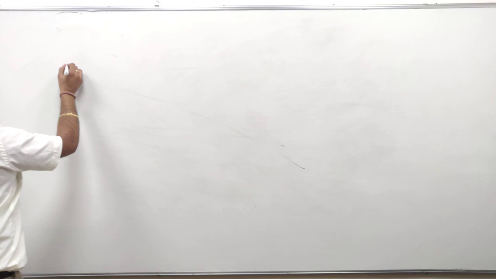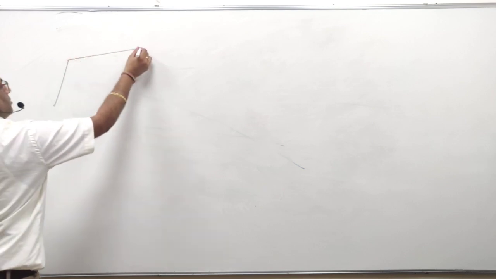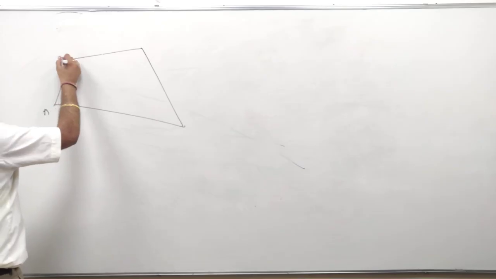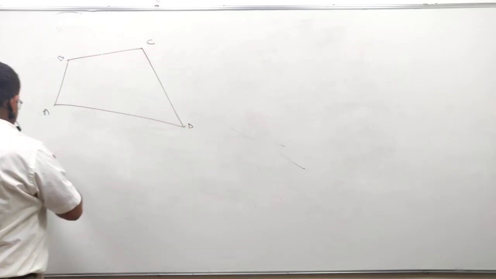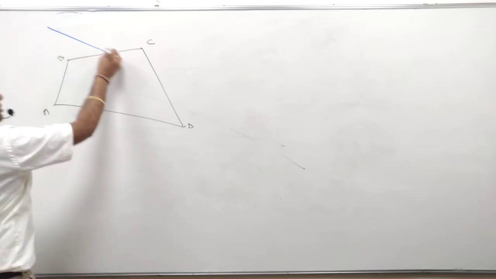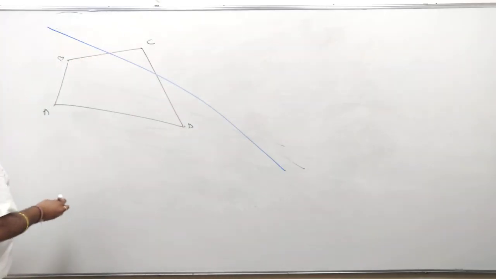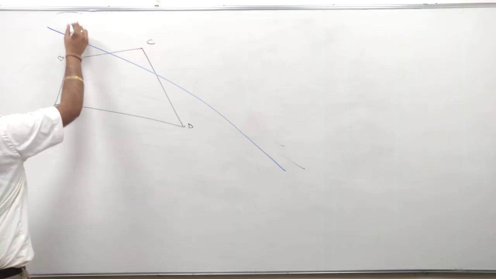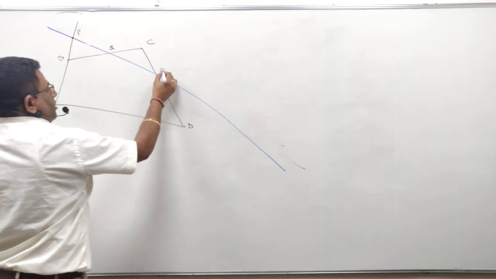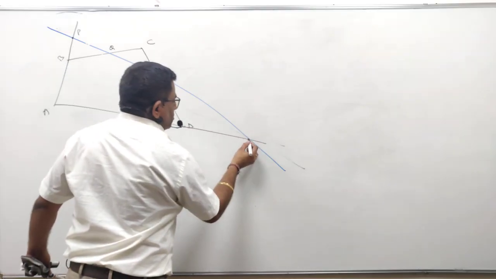If you are having any quadrilateral like this, ABCD is any quadrilateral, and any line which cuts the sides of a quadrilateral. Now this line cuts this quadrilateral at a point P, this at a point Q, this at a point R, and this at a point S.